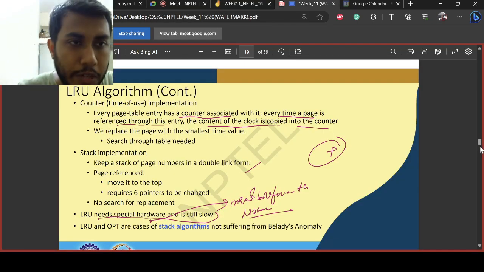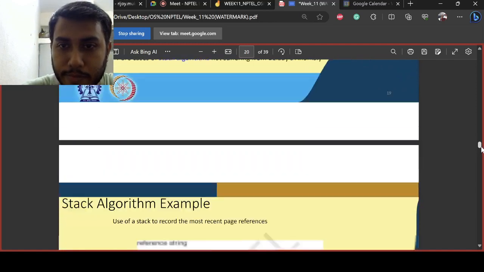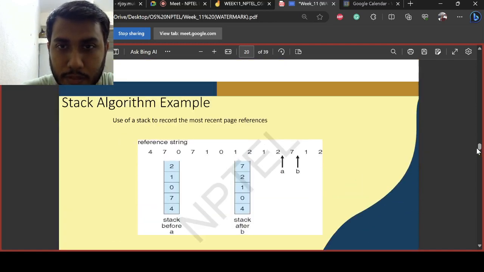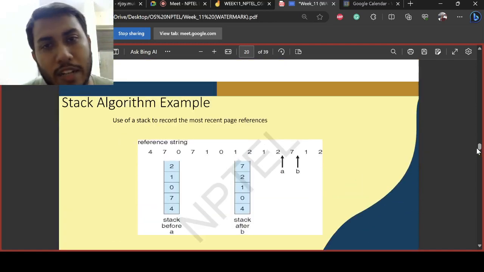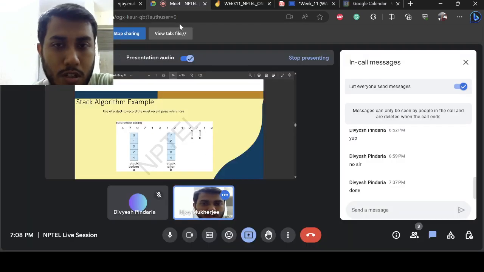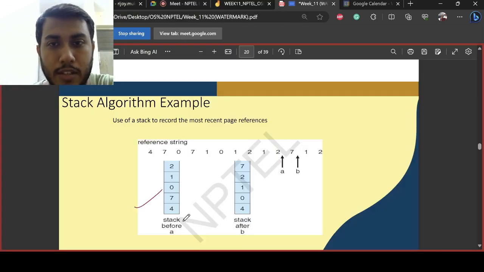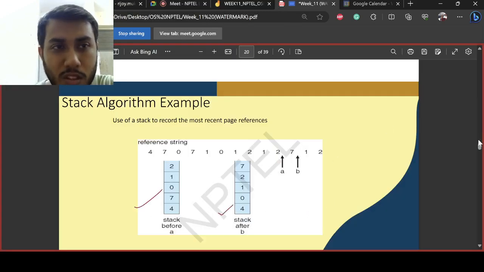Okay, so let's go to the next one. So this is a stack to record the reference, the most recently used pages reference. These are basically the hardware examples, like how you implement LRU in your hardware. So you can do a stack to do it.